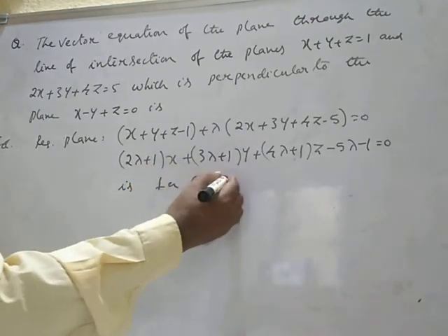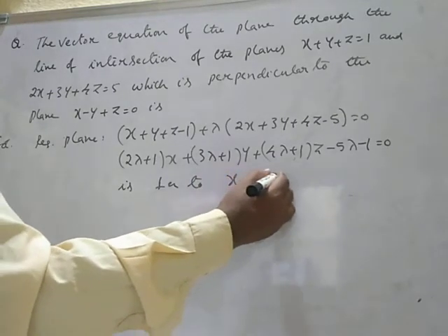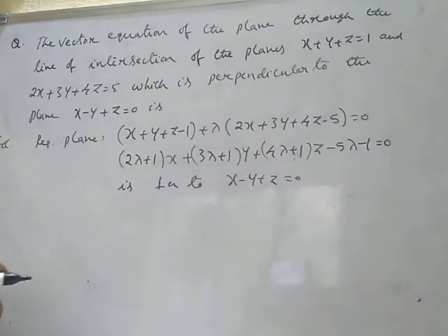This is perpendicular to x minus y plus z is equal to 0. These two planes are perpendicular, so the condition is a1 a2 plus b1 b2 plus c1 c2 is equal to 0.